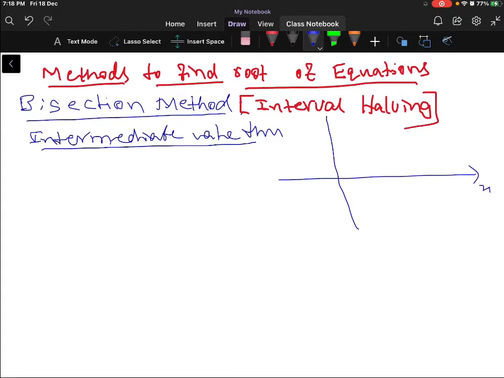You draw the coordinate system, x-axis, this is y-axis. This is y is equal to f of x. This curve crosses the x-axis at z. You can observe that f of x is continuous in the interval ab, and moreover we can see that at x equal to a, f of a is positive, and at x equal to b, f of b is negative.